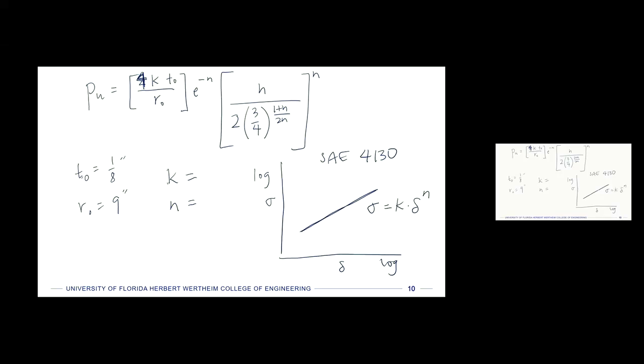And if we look up what those values are for SAE 4130 steel, we get a K of 154 KPSI, so very high. I ran out of space here. And N equals 0.156.